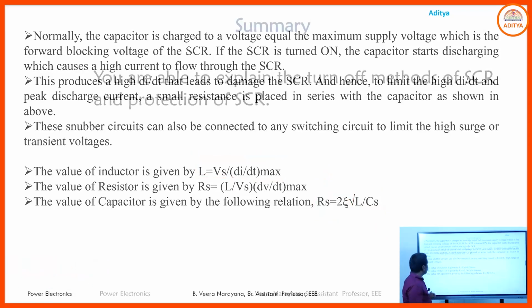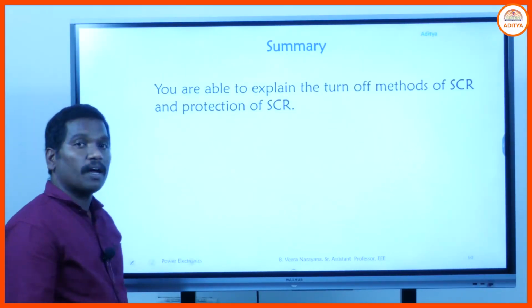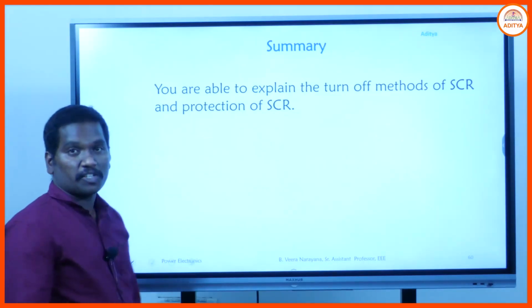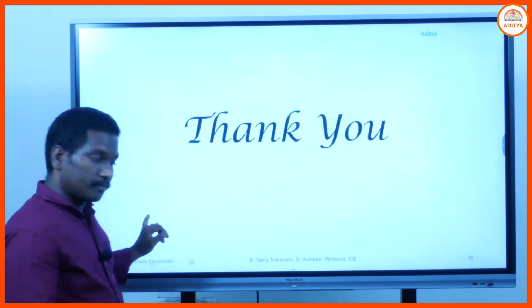This is a simple Snubber circuit design. So in this class we discussed the different turn off methods of the SCR and protection of the SCR. Thank you.